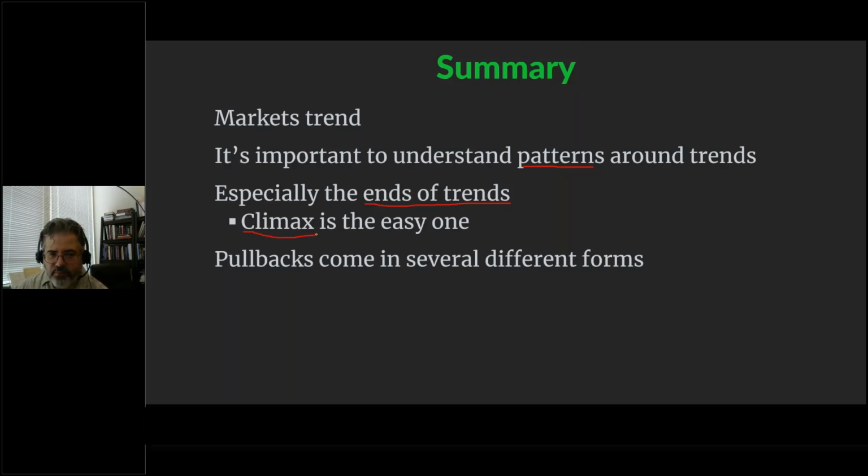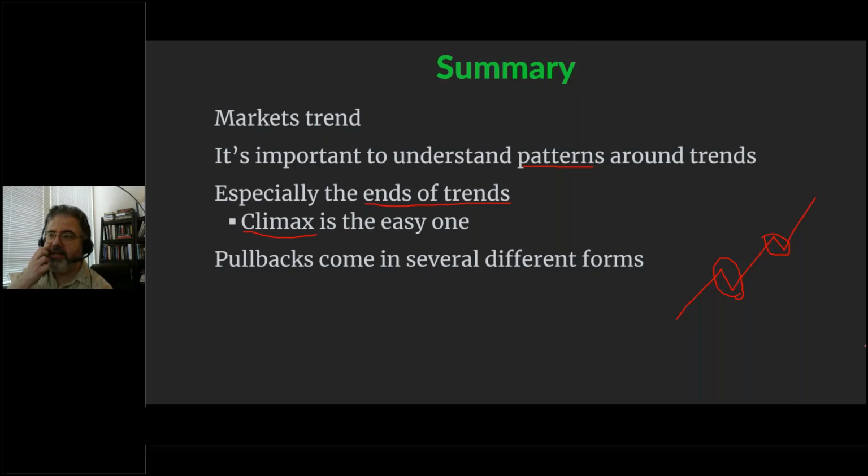If you just want to understand one, a good place to start is the climax. Know that pullbacks come in several different forms, and all pullbacks are pauses in ongoing trends, but there's a lot of rich structure here, complicated by a lot of randomness within these pullbacks, and you now have a catalog of the different pullbacks.